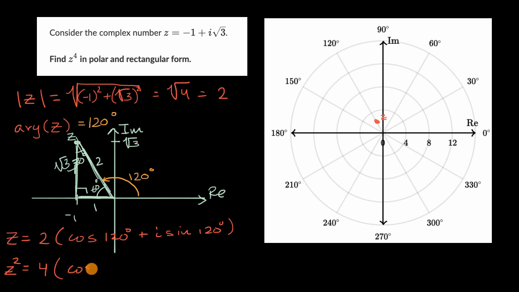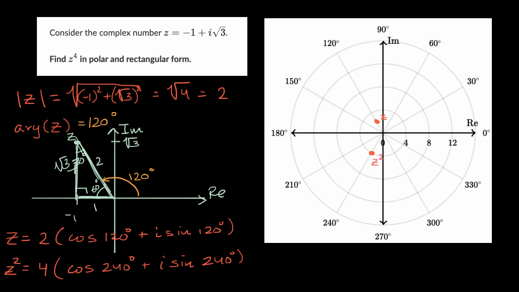So it's going to be 4 times cosine of 240 degrees plus i sine of 240 degrees. Once again, 2 times 2 is equal to 4. 120 degrees plus another 120 degrees is 240 degrees. And so now where would z squared sit? Well, its argument is 240 degrees, and its modulus is 4. So now it is twice as far from the origin.